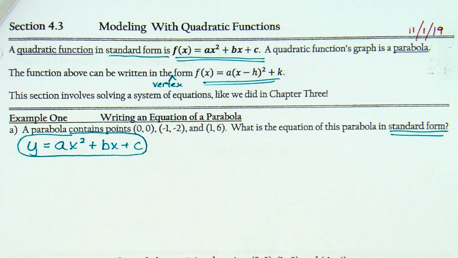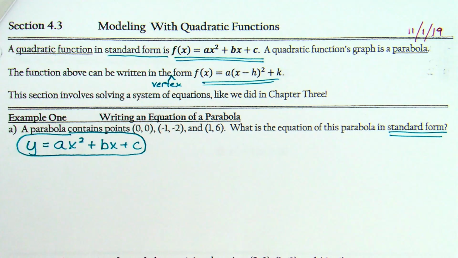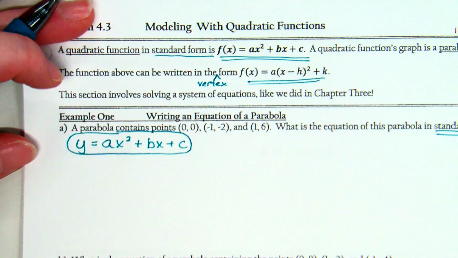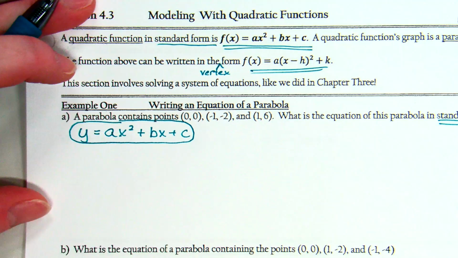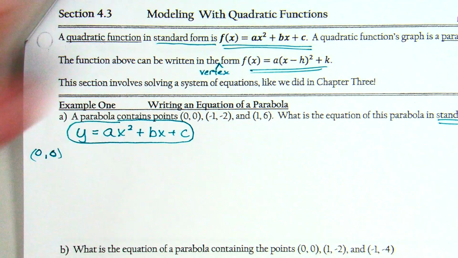Okay? So, notice we aren't given three equations, but we're given three ordered pairs, points. So that's what we're going to use here. And let's see. Obviously, you guys realize there's lots of room for a reason. So, the first point we're given is (0, 0).